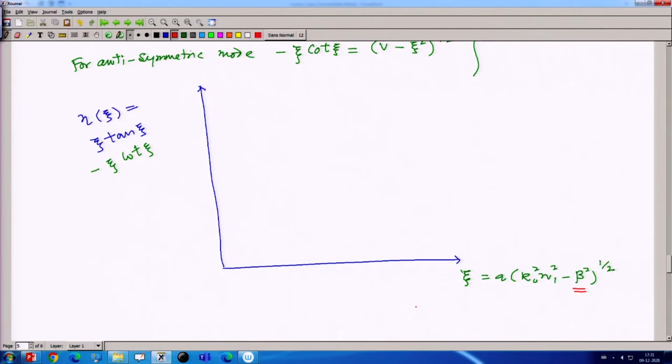Now, I draw the two solutions. By blue I should draw the symmetric one.